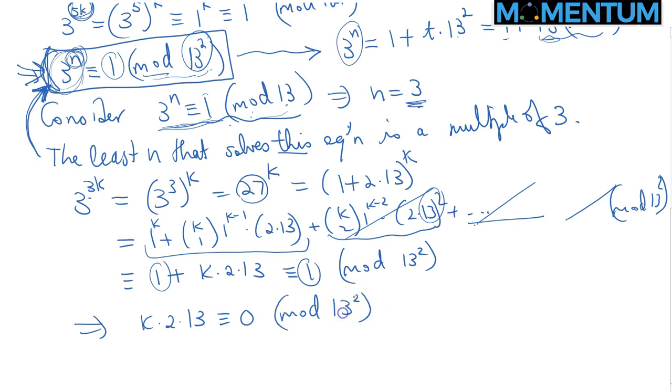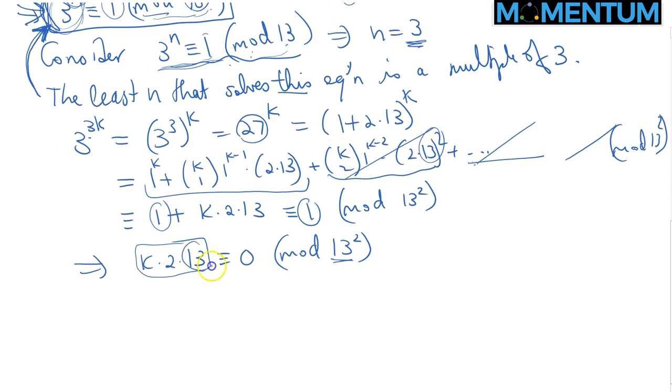So we want this number to be perfectly divisible by 13 square. But so far it has only a single 13, and 13 and 2 are relatively prime. This implies that the least k that satisfies this expression is 13 itself.